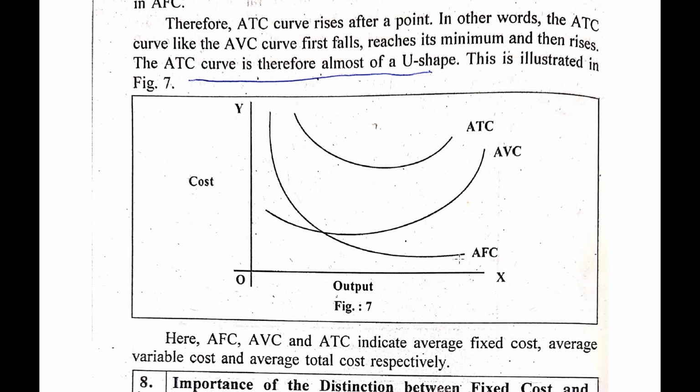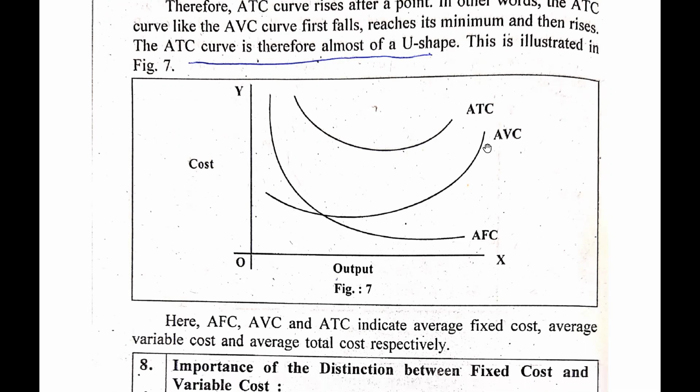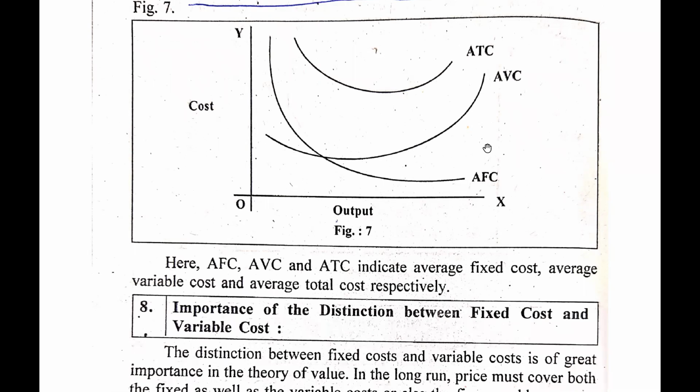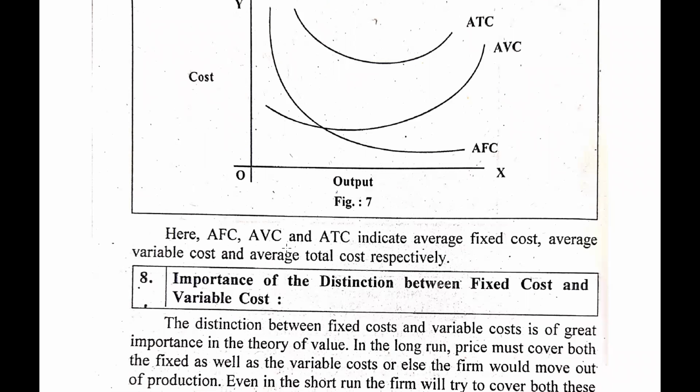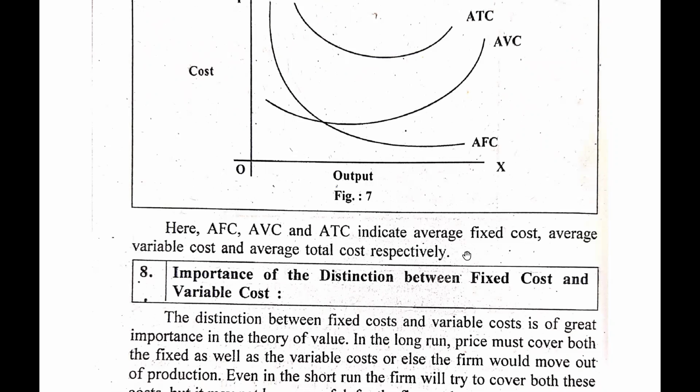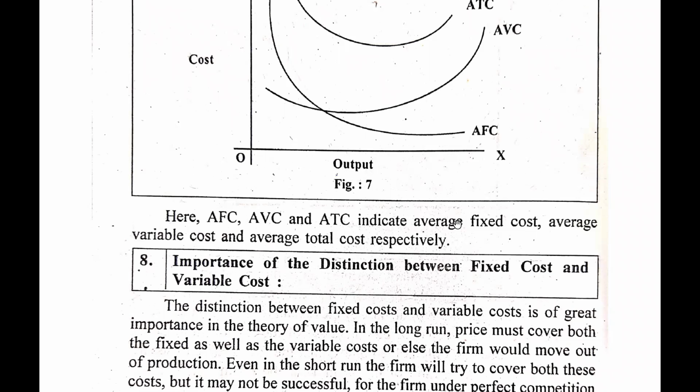But then the production is increasing, and average variable cost is also increasing. After a certain point, average total cost will also start increasing. So this is all about the average total cost. Here, AFC, AVC, and ATC indicate average fixed cost, average variable cost, and average total cost respectively.